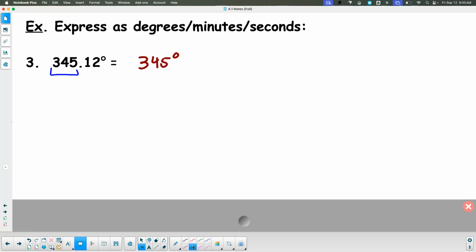Okay. Then I take 0.12. I take just the decimal and I multiply that by 60. So 0.12 times 60. 7.2? Anybody? Yeah? 7.2?